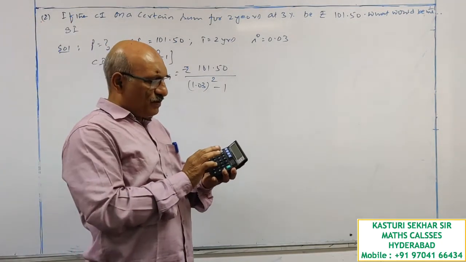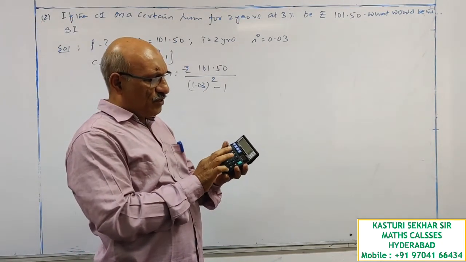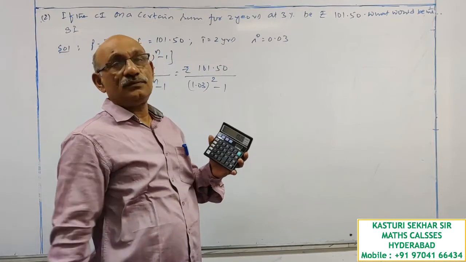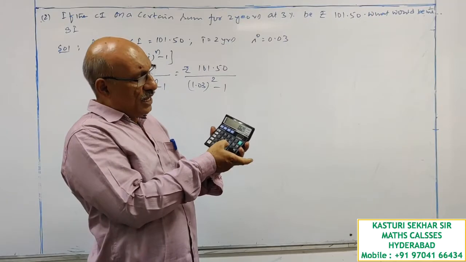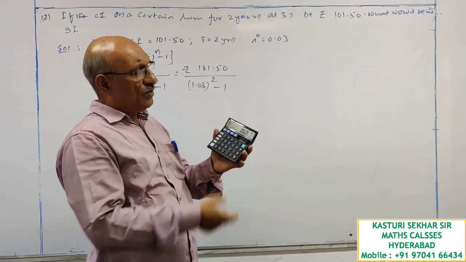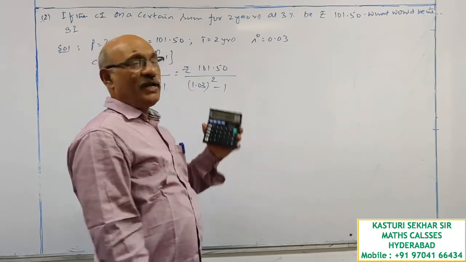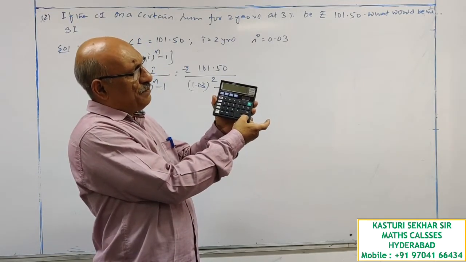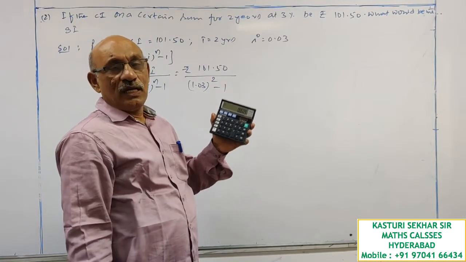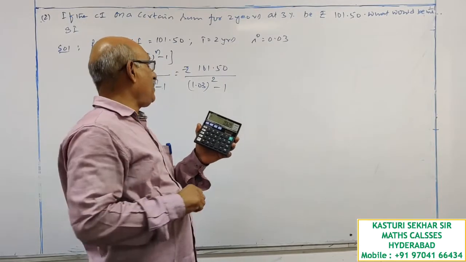Now first let us simplify the denominator. 1.03 squared is 1.0609, minus 1. The denominator is simplified, put it in memory, so press the M plus button. This simplified value is stored in the memory.